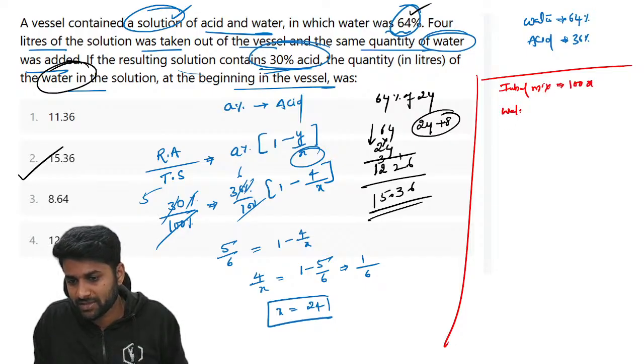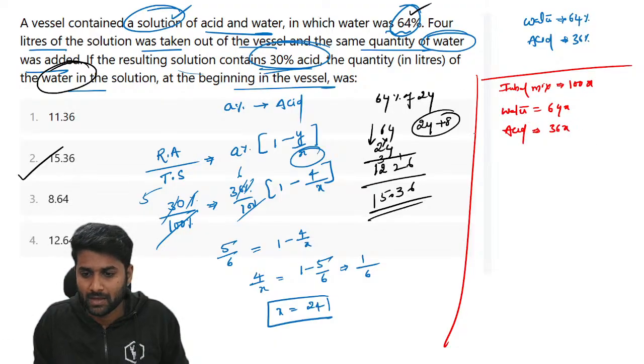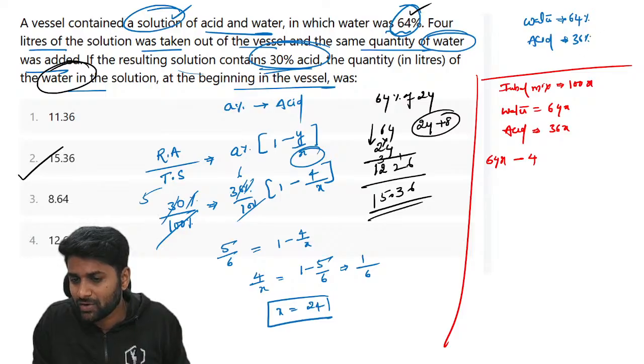So the initial mixture is 100x. So how much water is available? 64x. How much acid is available? 36x. Step by step we'll go. Now, out of 64x, we are removing 4 liters of mixture. So for 4 liters of mixture, what is the ratio of 64 and 36? 64 and 36, 16 times and 9 times. 16 is to 9, right?